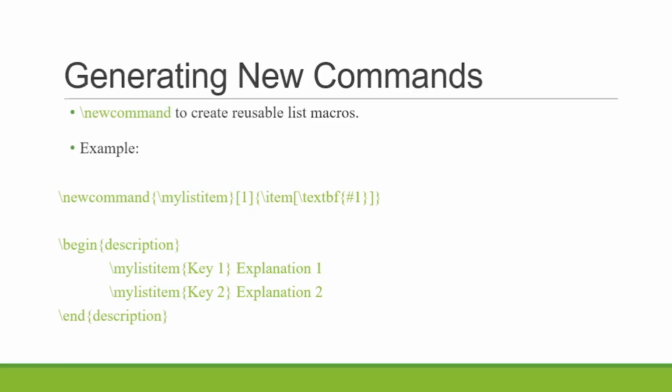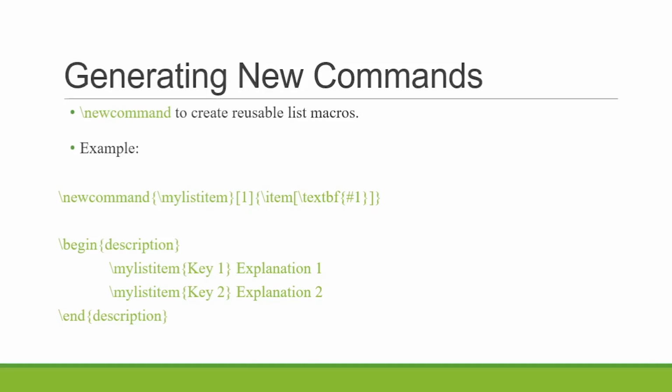Here's the code: \newcommand, mylistitem inside the curly brackets, 1 inside the square brackets, followed by curly brackets, \item. Then text bf inside the square brackets, followed by #1.